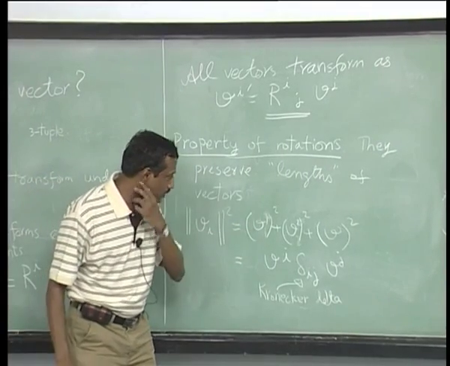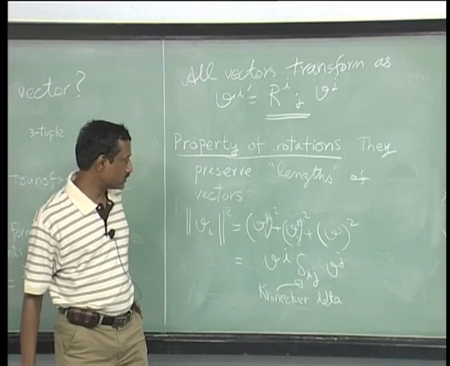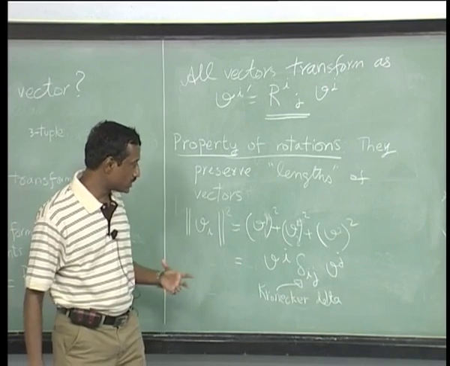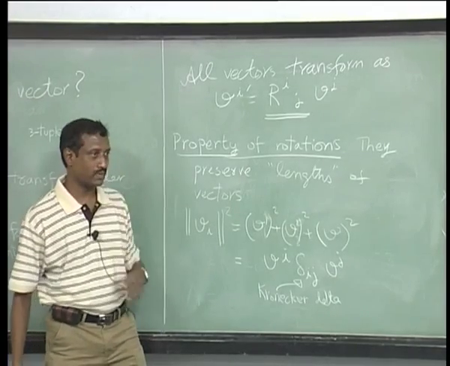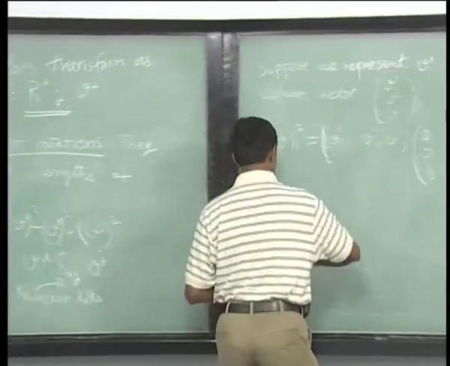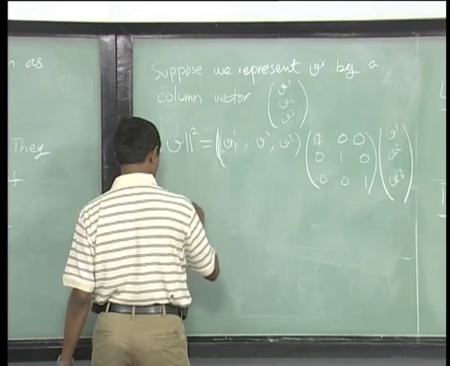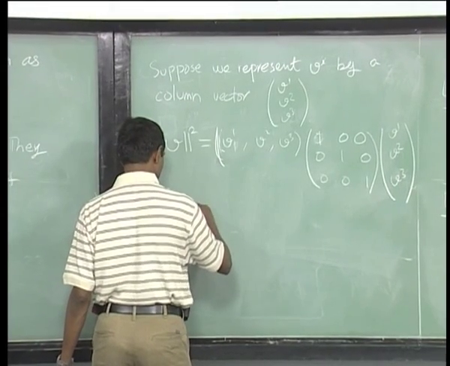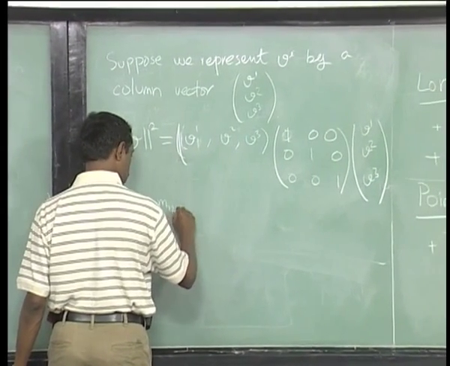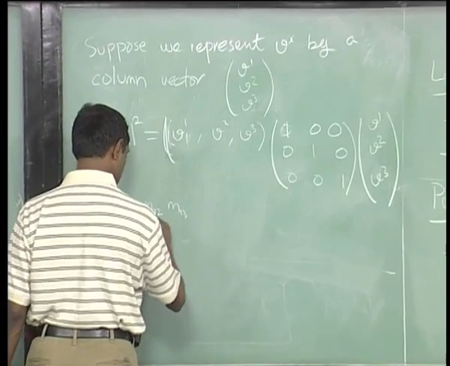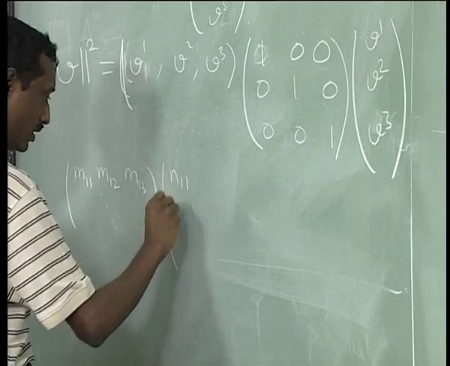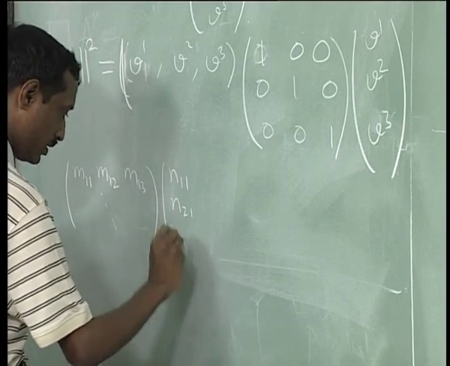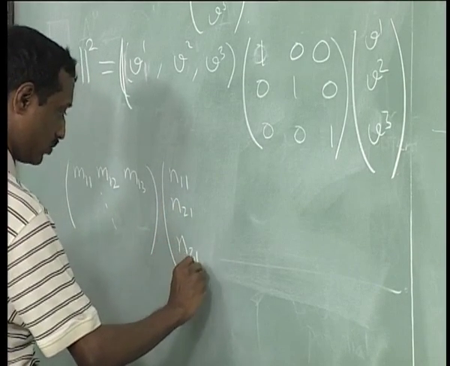So, there is a little bit of work we have to do to understand how this happens, and this has to do with how matrices are multiplied. If two matrices are multiplied, so let us just take two matrices M and N. So, let us say they are 3 by 3 matrices. M11, M12, M13, so on and so forth, multiplying matrix which is N11, N21, N31, so on and so forth.